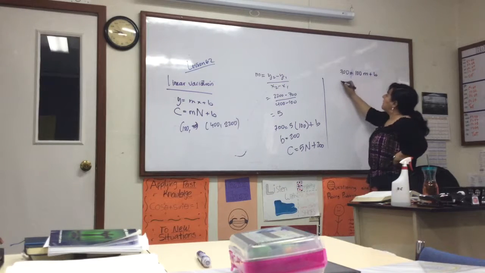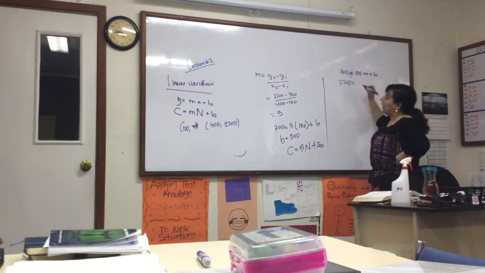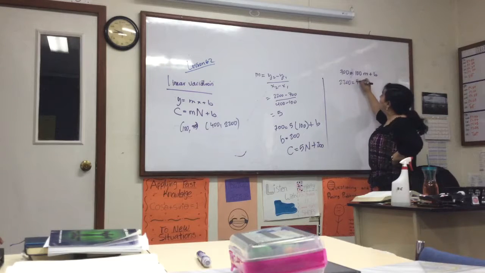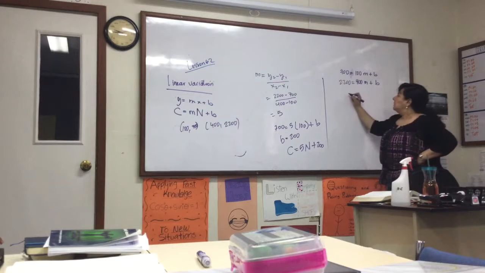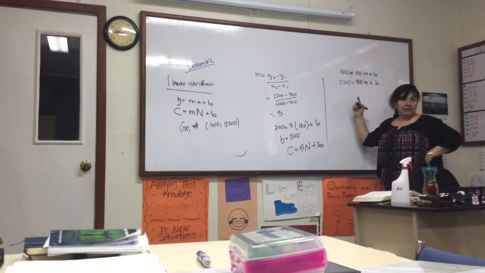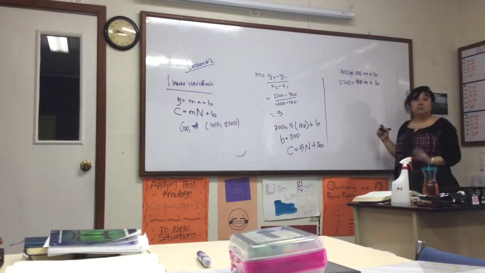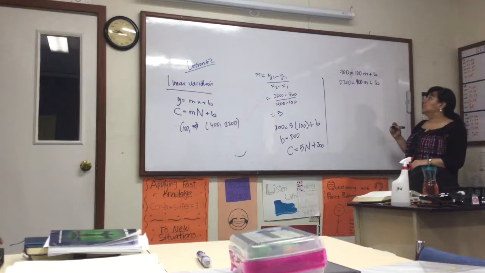And the other one says it's 2,200 when I produce 400, m plus b. 2 simultaneous equations that you can solve by either elimination or substitution. Do you want me to do it like this, or do you get it? We can use the other one instead. Yeah. You can use whichever one you want. Really. Whatever makes it simpler for you.